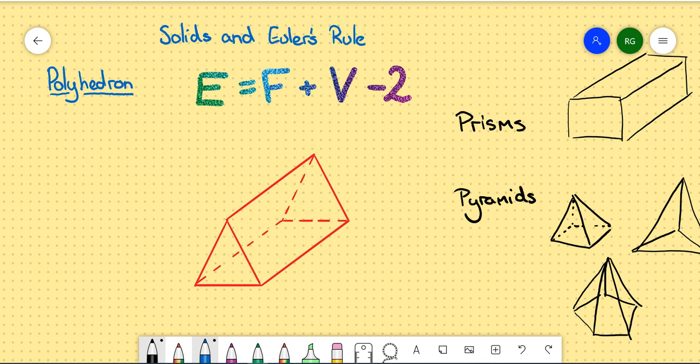So the E stands for edges. The edges are, that's a long edge that I've just drawn in black, or this one, or this one, or this one. Effectively, any of those red lines are edges.